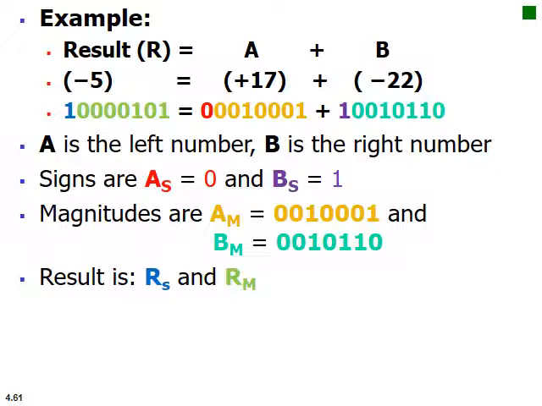Just some notation here in the diagram that will follow. We will basically have the general structure of R equals A plus B. In other words, result is equal to A plus B, where A is the left number and B is the right number. We just distinguish between the left and the right, or the first and the second number that we need to add in this way.